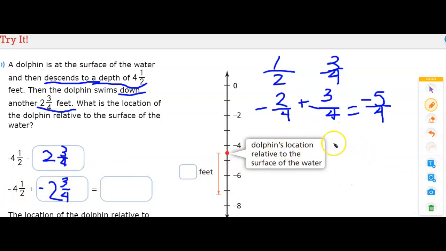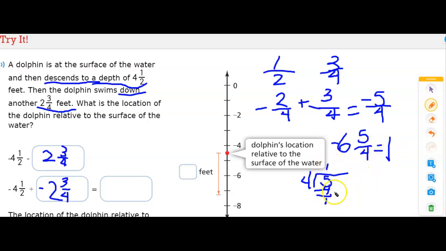But we have now -6 and 5/4. However, 5/4 is an improper fraction, so that 5/4 needs to become a mixed number. The way we do that is we take 4, which is our denominator, and divide it into our numerator. 4 can go into 5 once, and that equals 1. This becomes our new whole number.